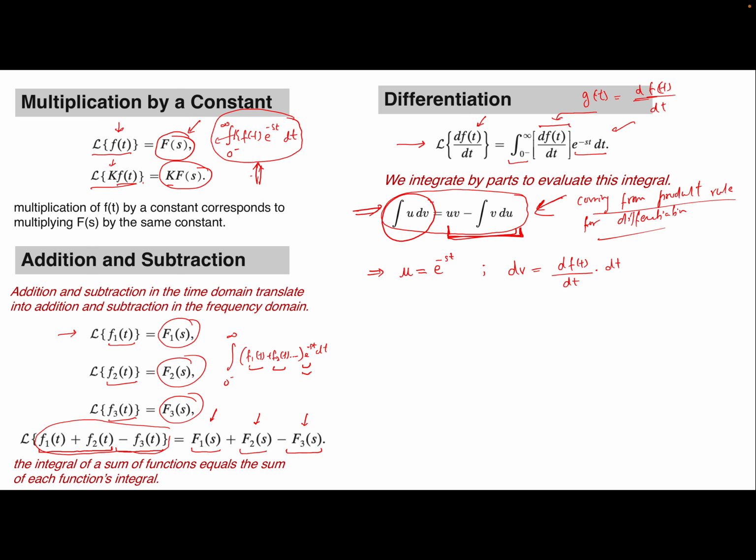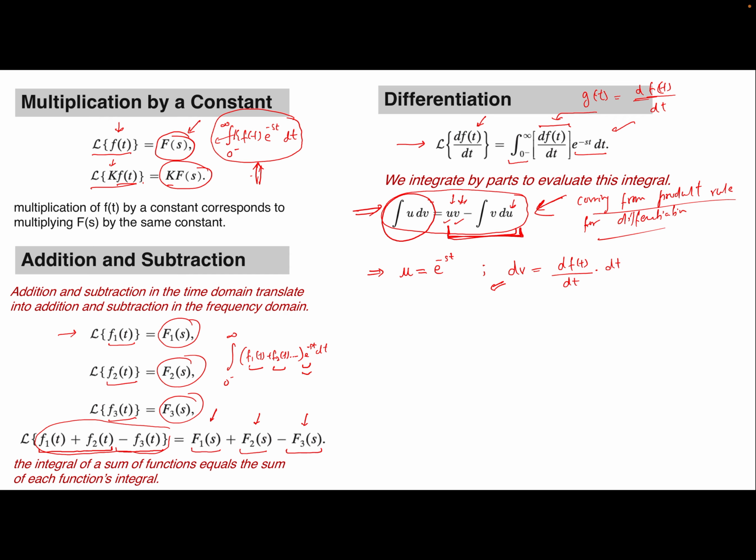Now I am going to evaluate with respect to this. I already know the value of u. I need to find the value of v, and I also need to find du. Let's start with finding v.